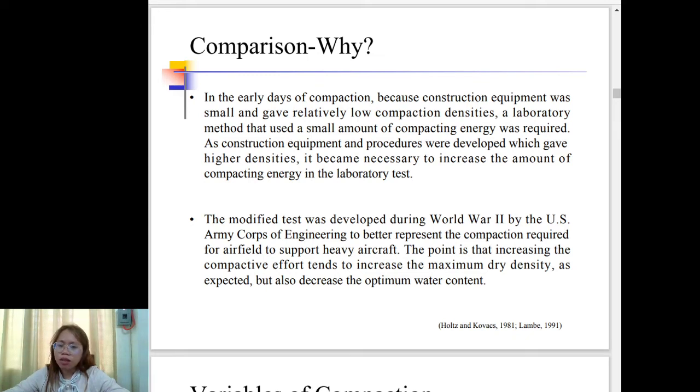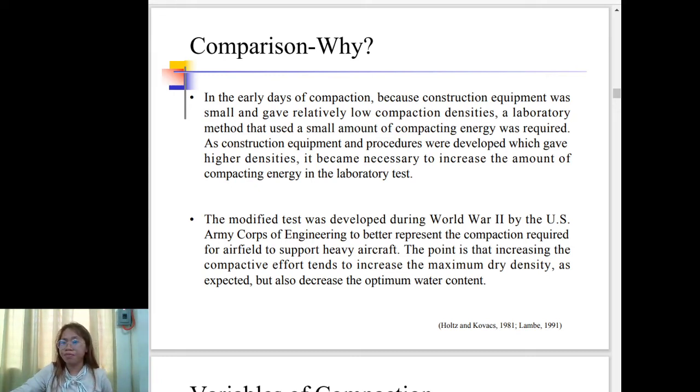Okay, that is why. The modified test was developed during World War II by the U.S. Army Corps of Engineers to better represent the compaction required for airfields to support heavy aircraft. The point is that increasing the compactive effort tends to increase the maximum dry density as expected, but also decreases the optimum water content.